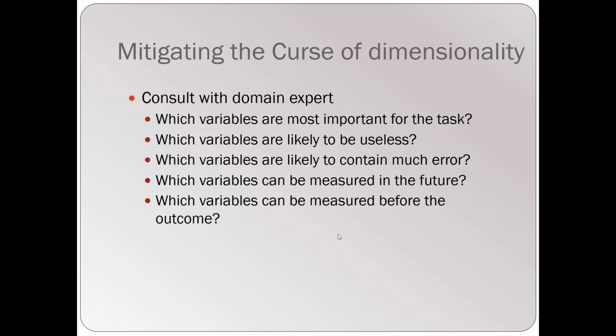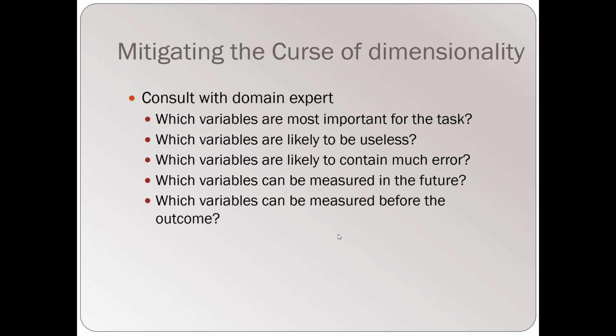Then you can do exploration with the data to see which variables have too many missing values, which variables have too many errors in them, and which variables cannot be measured in the future. Those kinds of variables can be thrown out.